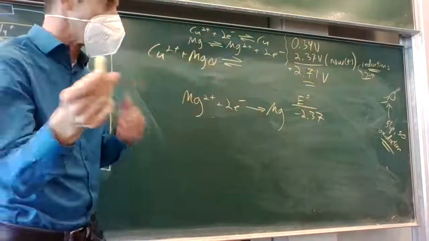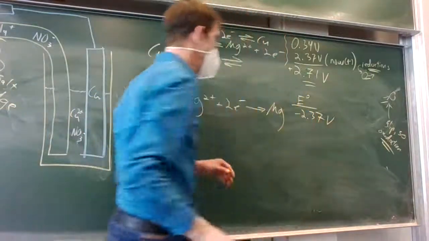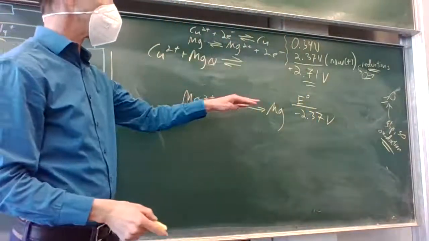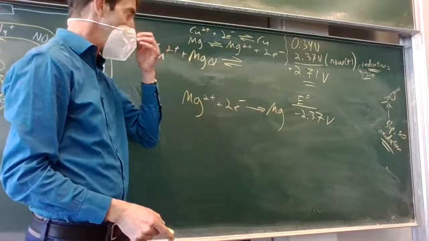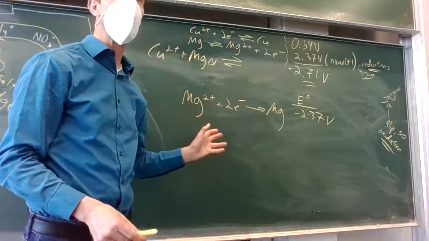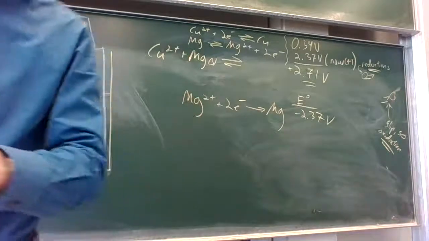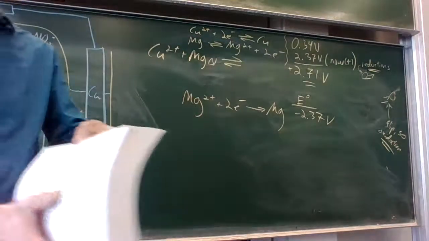The simple answer to your question is that if I flip the equation, then I've got to have it as 2.37. Now, the more complex answer is at the back of the book.